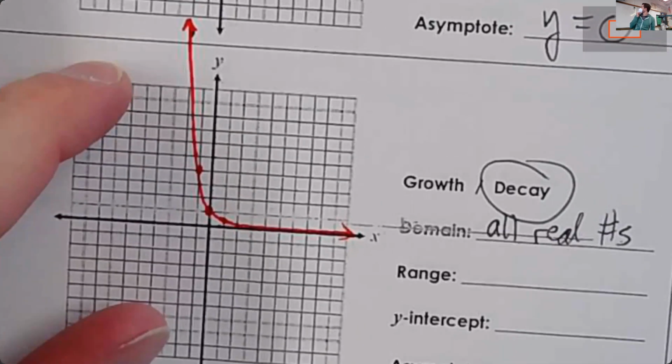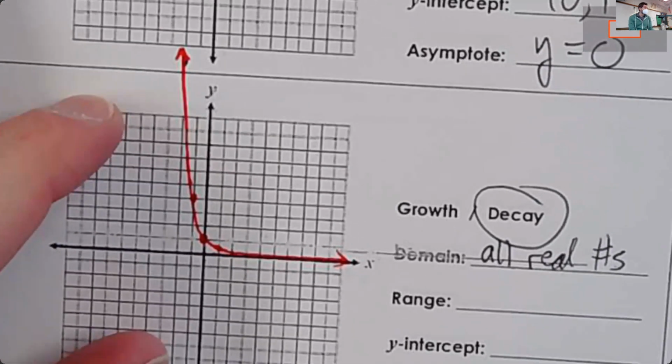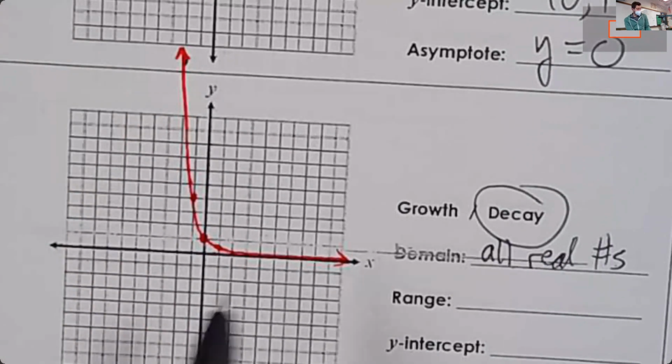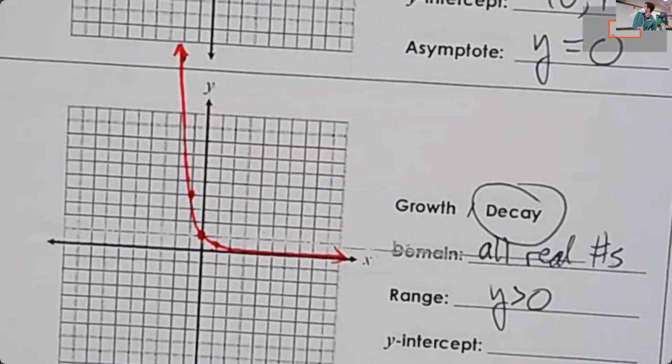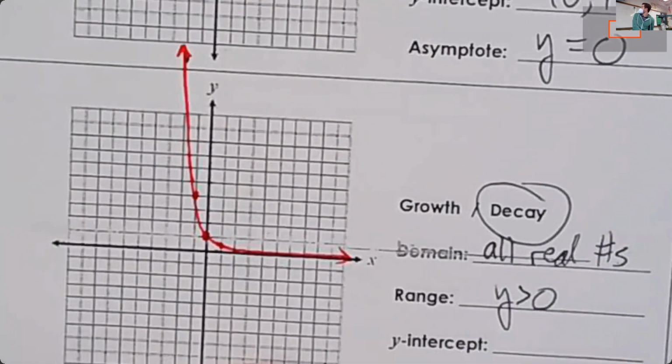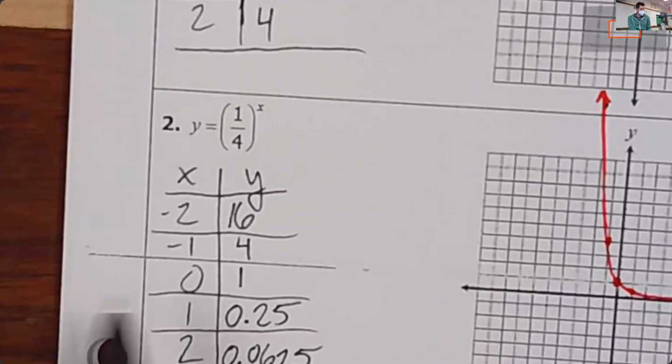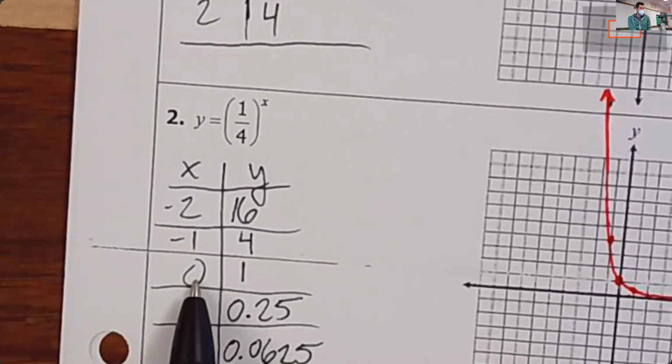So they look a little bit different. The range on this one is the same as the range from the first one. Because again, the y values get closer and closer to 0, but never actually equal 0. So that's y is greater than 0. The y-intercept is actually the same as the first one as well. You go back over to your table, where x is 0, y is 1. So anytime x is 0, the y value is your y-intercept.